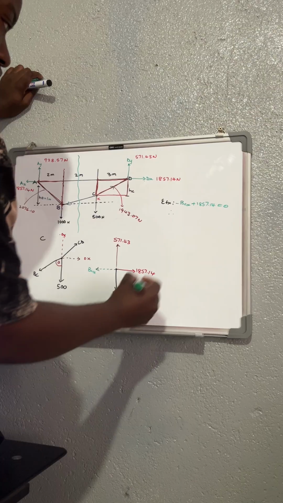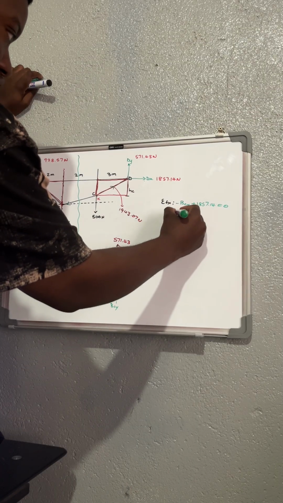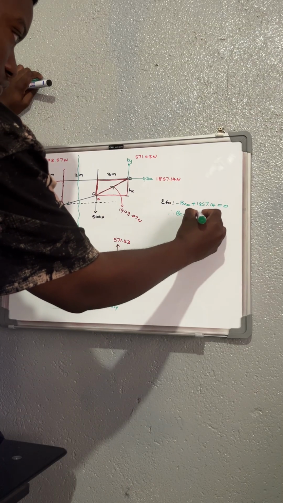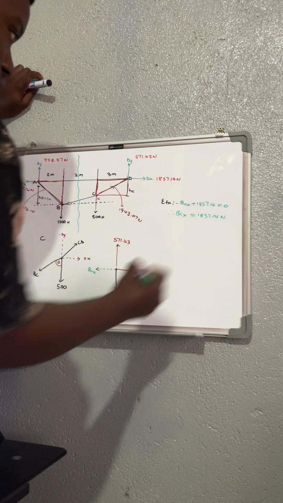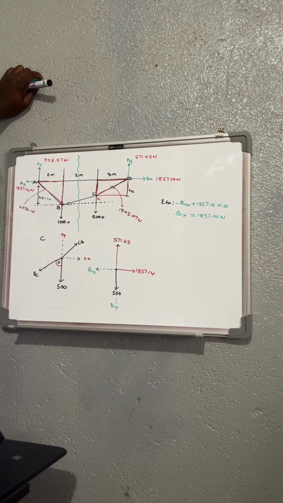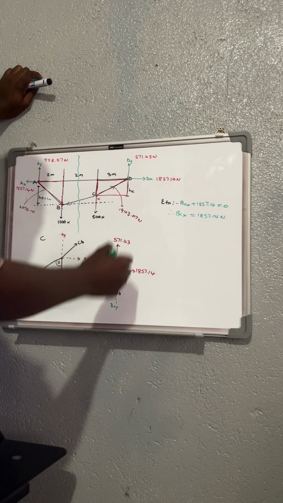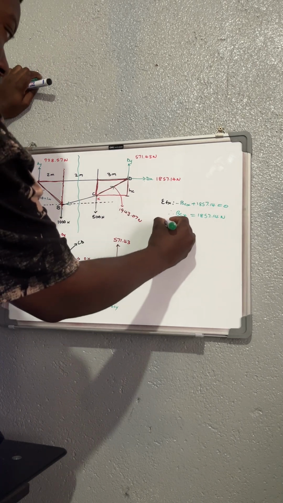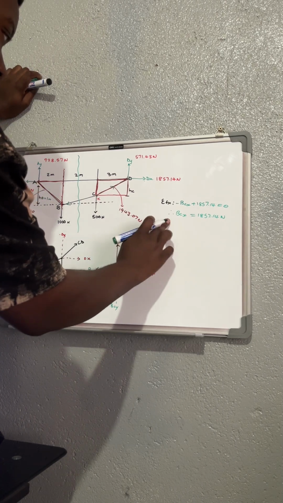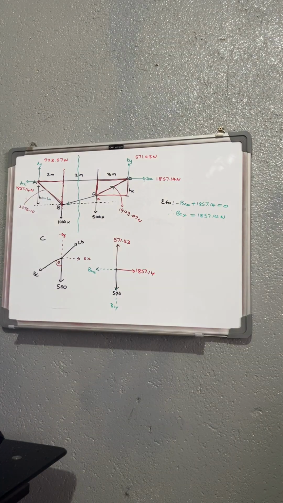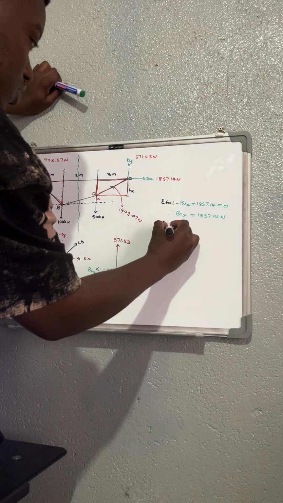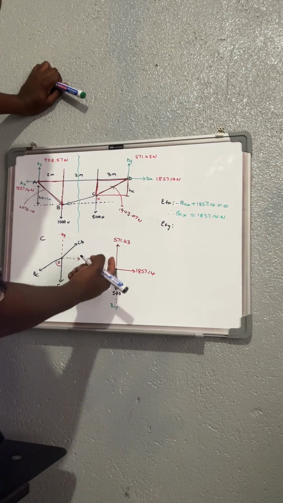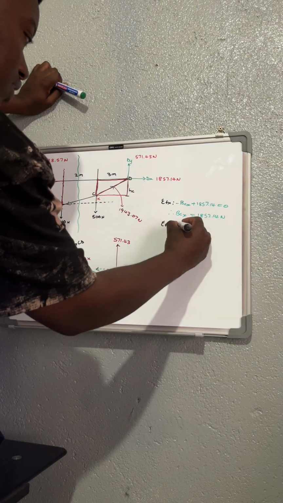Therefore, if you solve this, you will get your BCX being equal to 1857.14 Newton. Then you do the same thing with the sum of the forces in your y direction. So the sum of the forces in your y direction, what do you have? This one which is going in the positive direction.